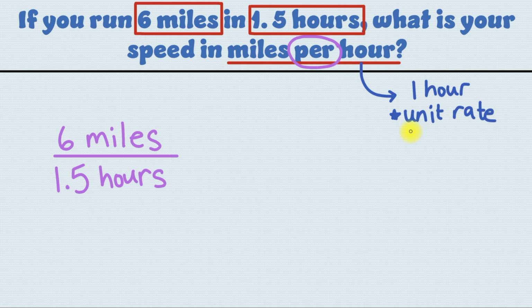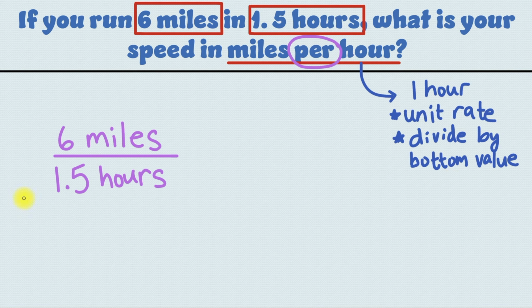And how do we find the unit rate? Well, in order to find the unit rate, you always have to divide both the top and bottom by the bottom value. And what's the bottom value in this rate? Well, it's 1.5. So I'll divide the top and the bottom by the bottom value, which is 1.5.